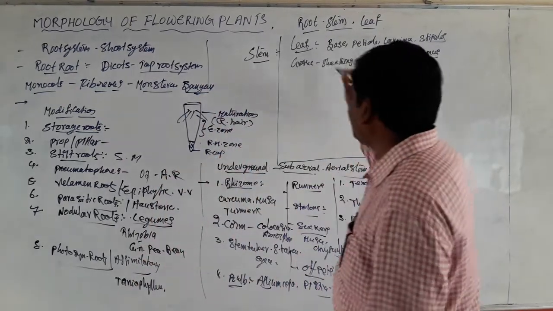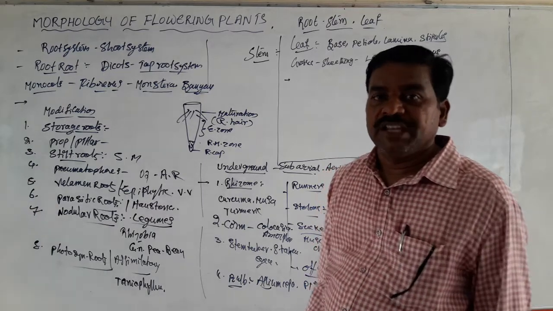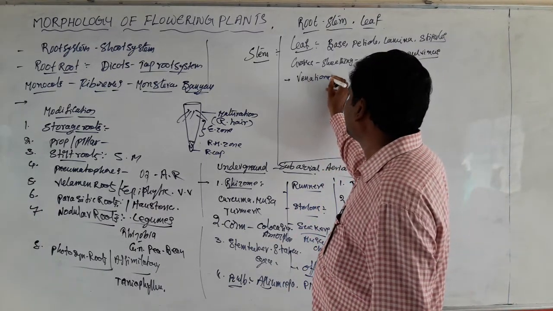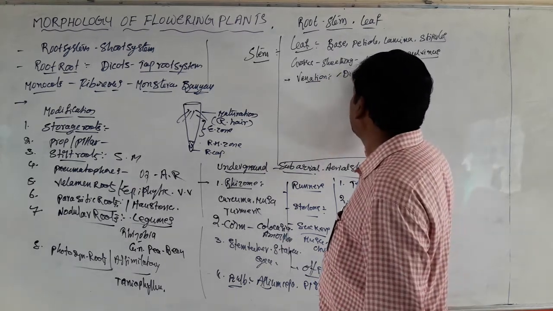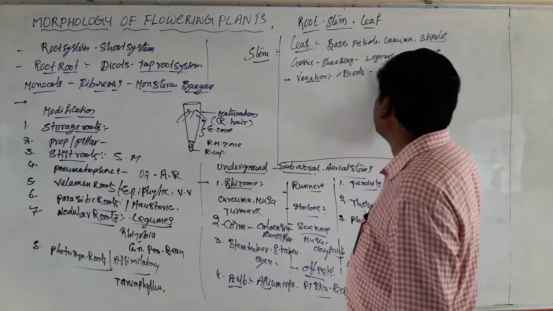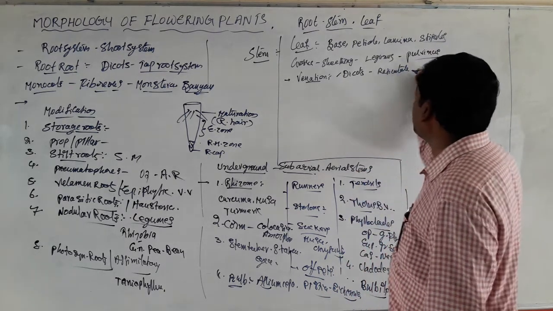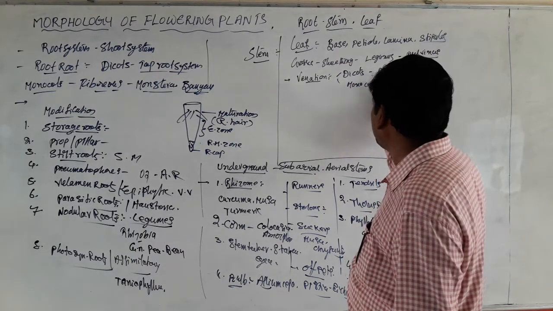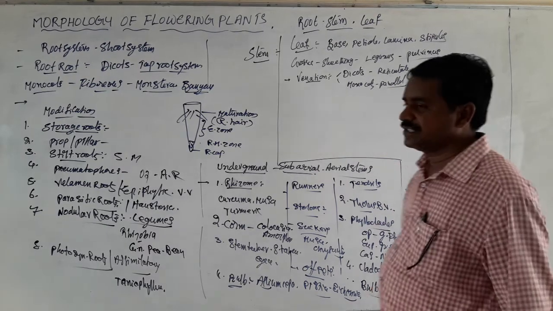The arrangement of veins in a leaf is called venation.